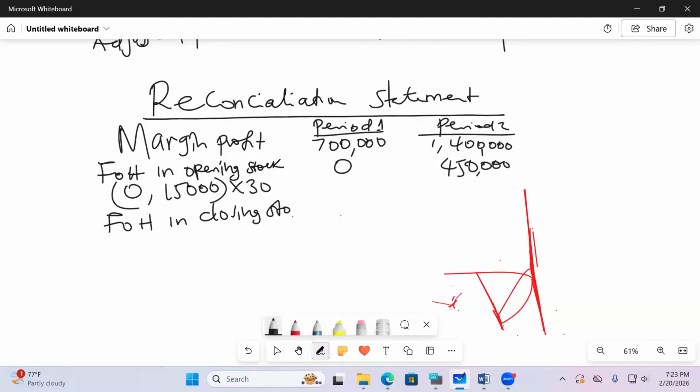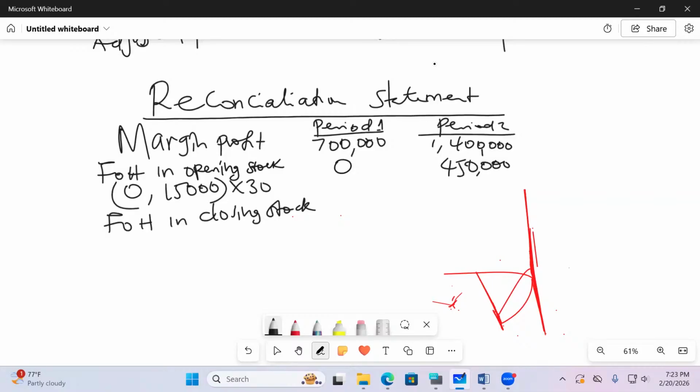Closing stock. The fixed overhead in closing stock. What do we have there, ladies and gentlemen?